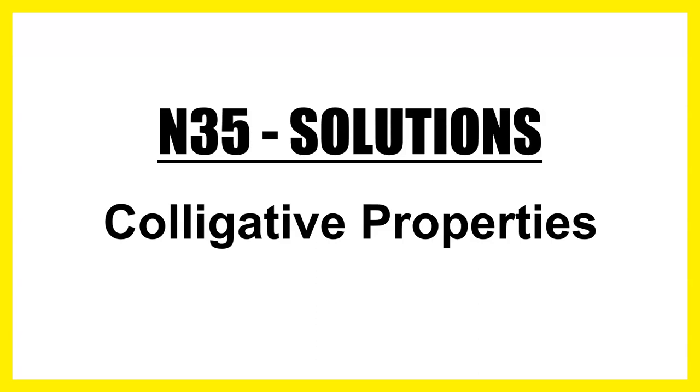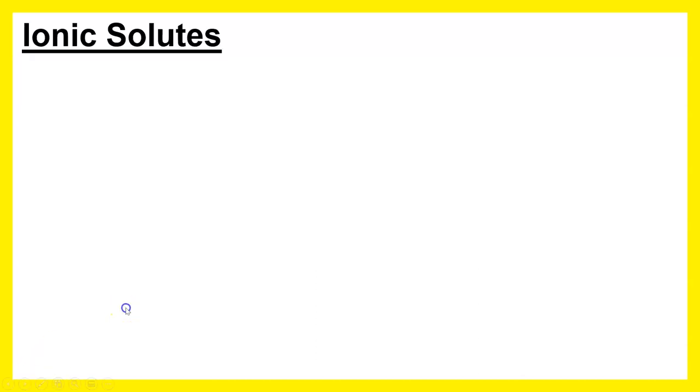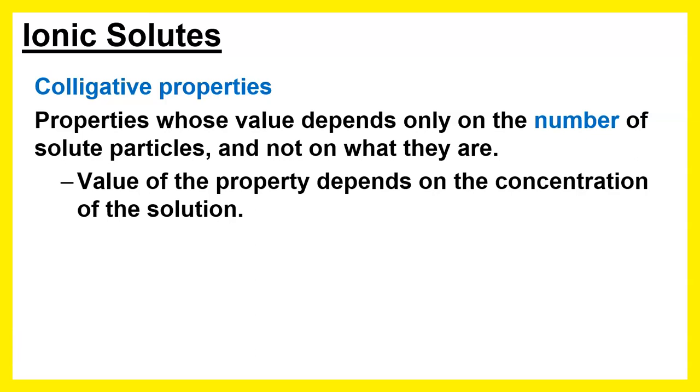Hello everybody, this lesson is going to look at how the number of particles in a solution can affect different properties. We call those types of properties colligative properties. Colligative properties are ones in which the value depends on the number of particles present, not on what type of particles are present, which is kind of a strange idea.